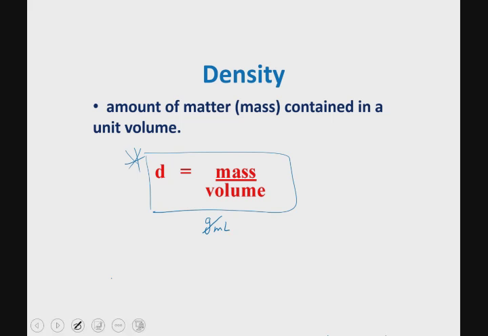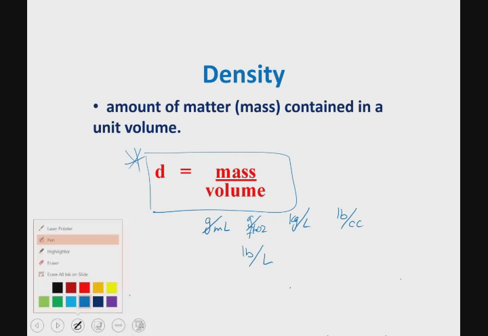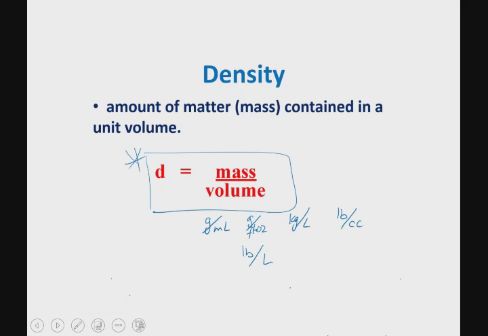But it is not limited to grams per ml. It could be grams per fluid ounces, or kilograms per liter, or pounds per cc, or pounds per liter, or any valid unit of mass divided by any valid unit of volume will give us a valid unit of density.